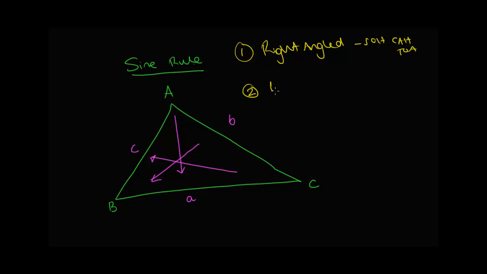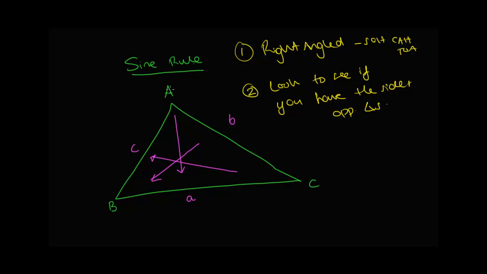Number two, look to see if you have the side and opposite angles, just like you can see here. If I've got the side and one opposite angle, and I've got another side and another opposite angle, then I'm able to use the sine rule.